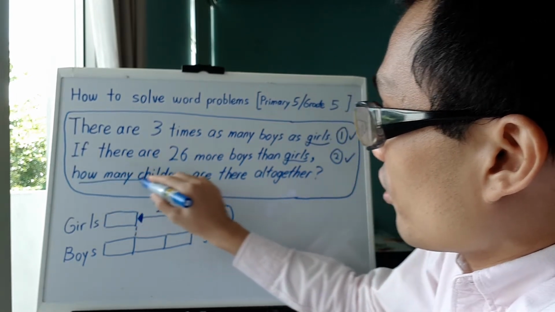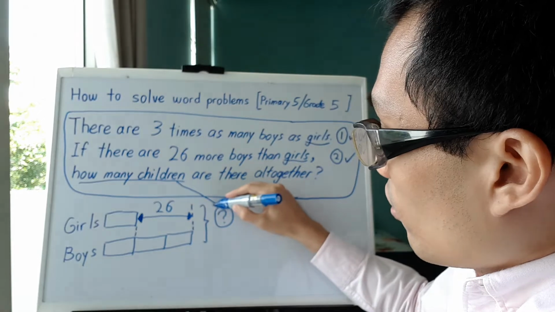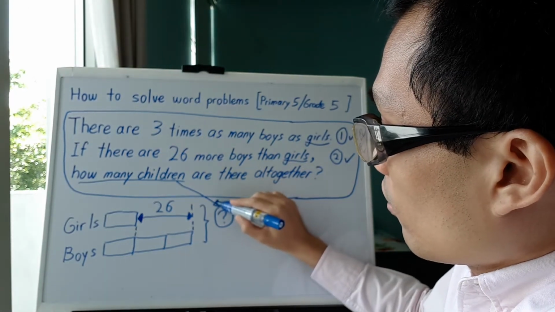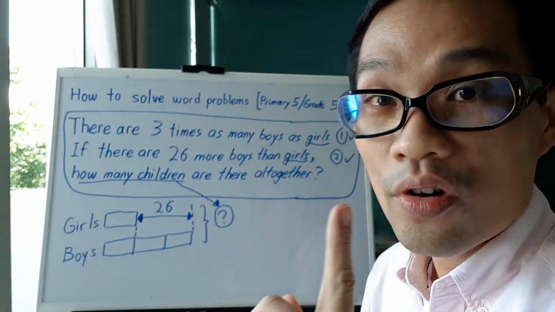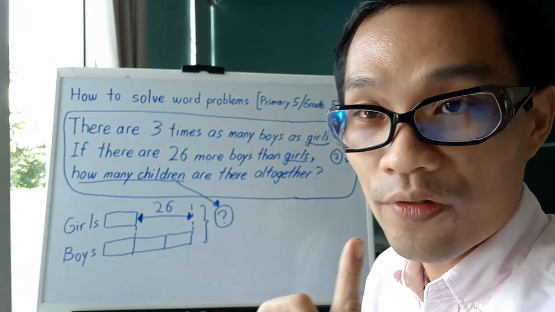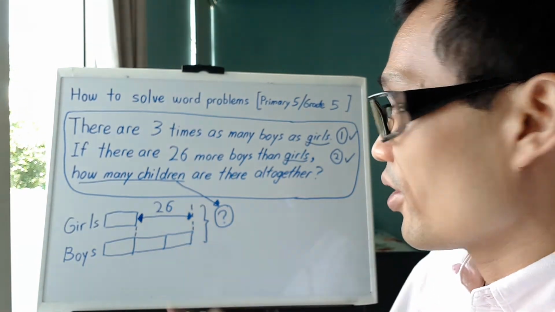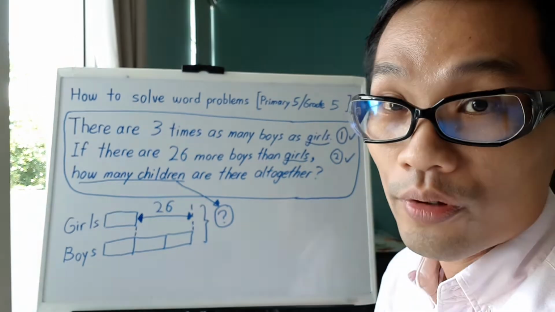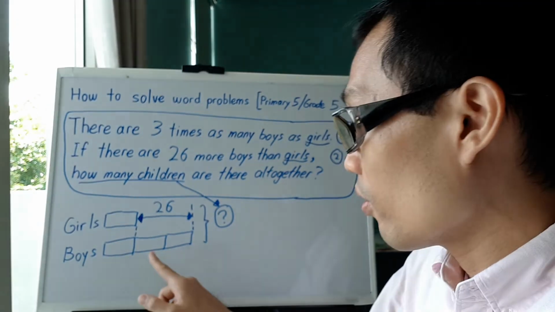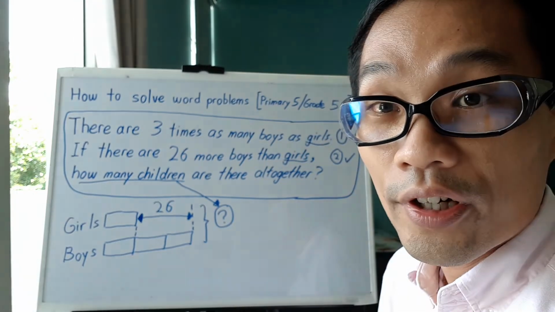How many children? And this is what we want to solve for. Now looking at the diagram, there's a small, subtle, but very obvious hint. 2 equal units for 26 children. So how much would the number of children be for 1 unit? Have you figured it out yet?